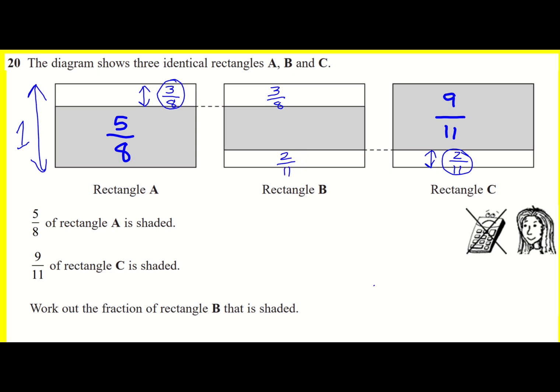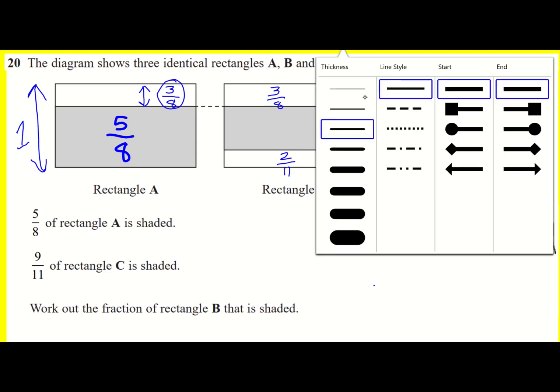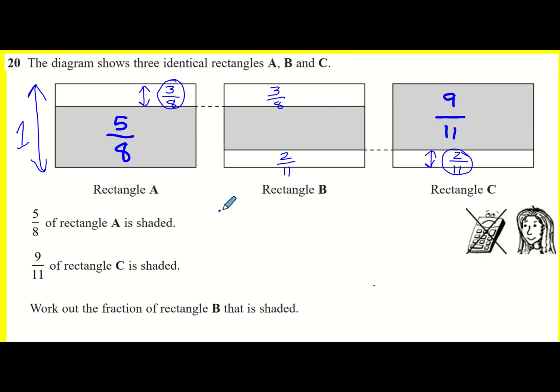There are different ways you can do this, but what I'm going to do is add together 3/8 and 2/11, and then subtract it from 1 whole, because this is 1 whole rectangle. I'm going to add together these two and subtract from 1 whole.